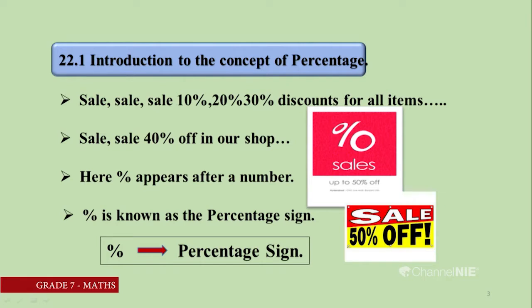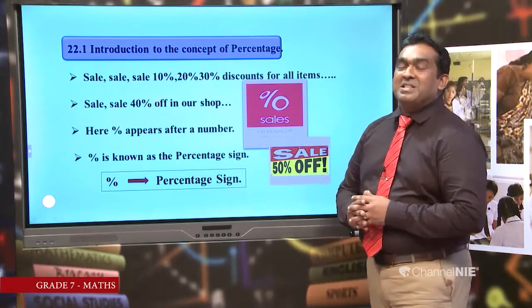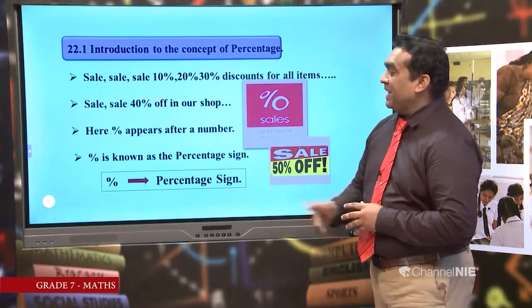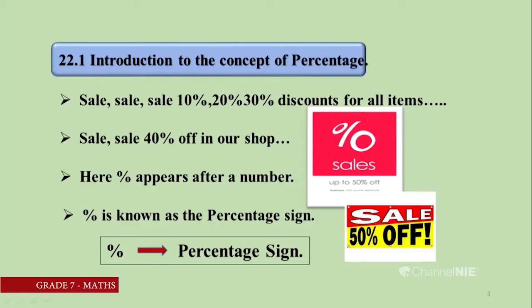Therefore, you have to put the percentage symbol after the number, right? 10%, 20%, 30% discounts for all items. This is called the percentage symbol, also known as the percentage sign.